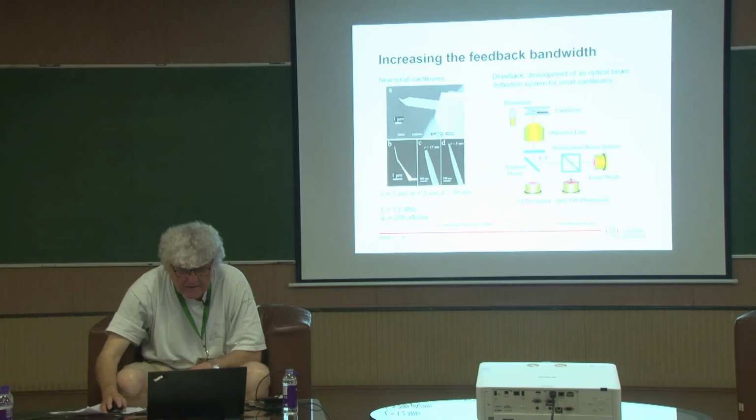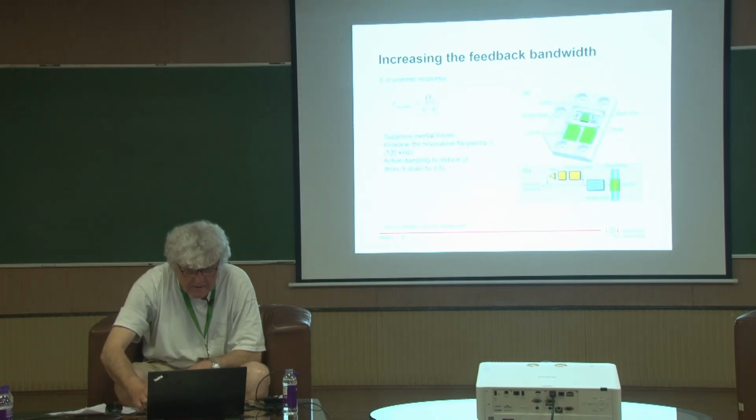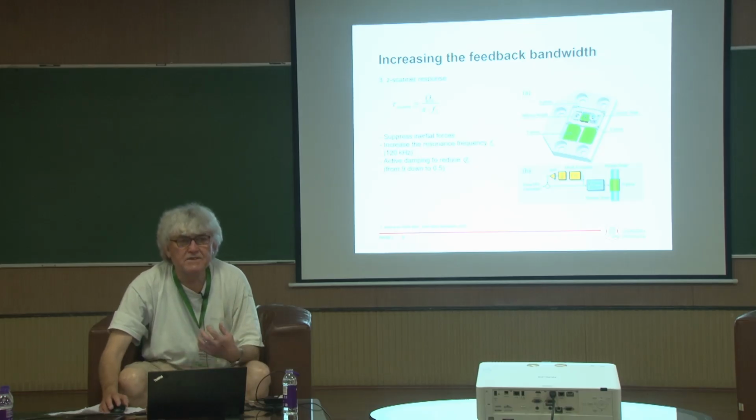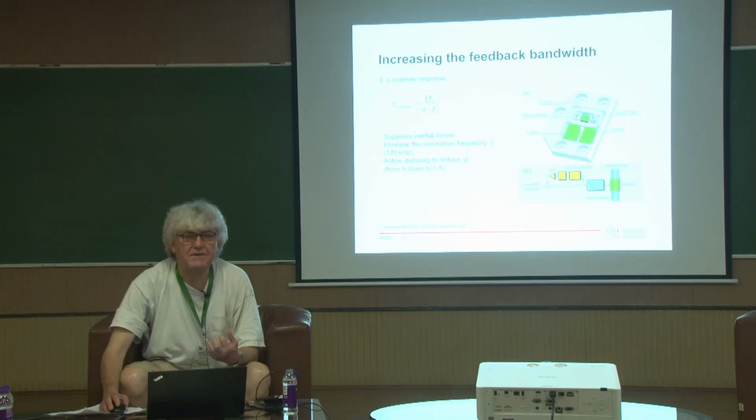Okay, and this is how it looks. As I mentioned, there is the optical detection system that was developed here. You can see that here. Also the scanner, so conventional scanners don't have this high bandwidth.